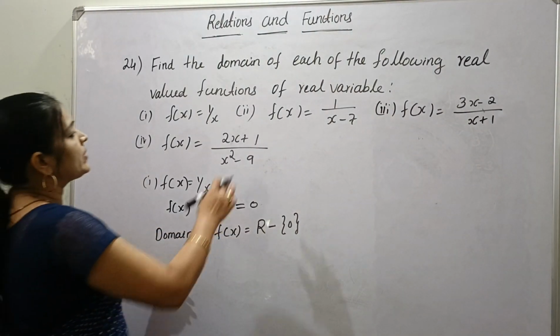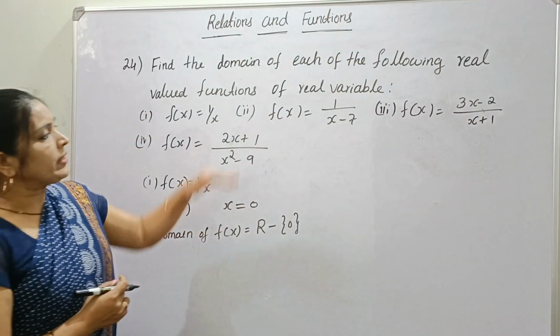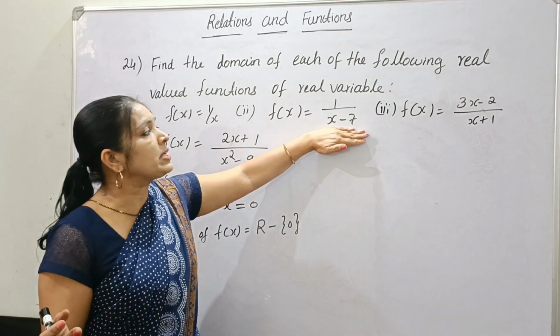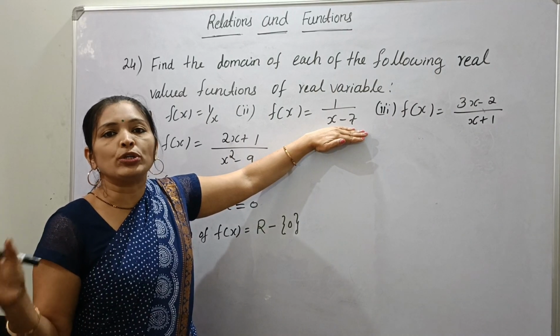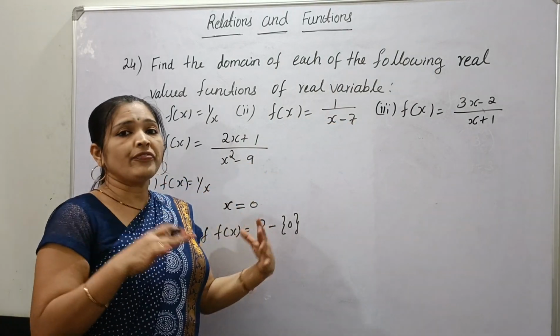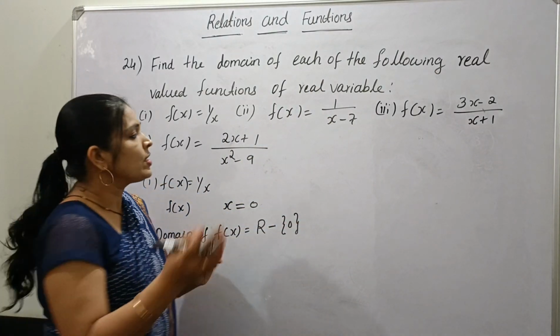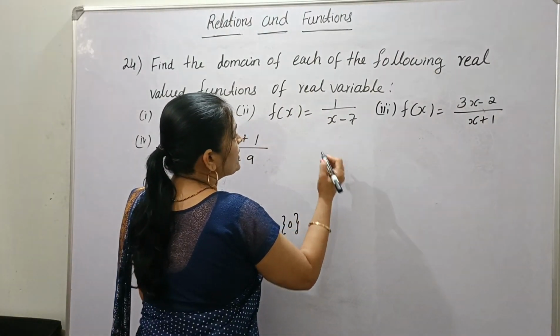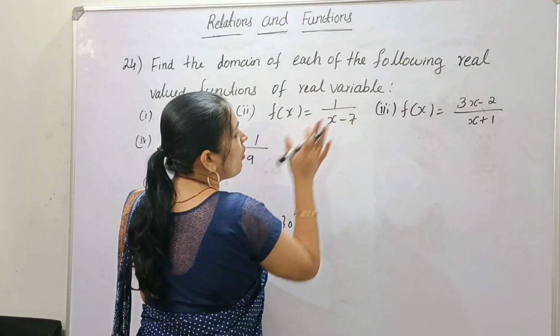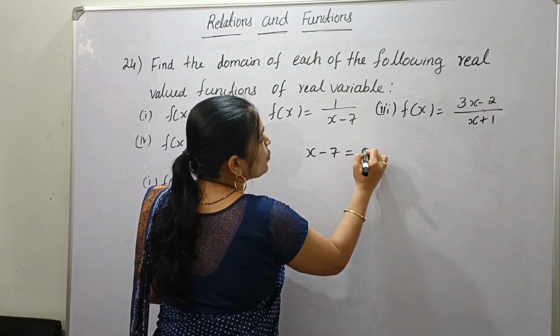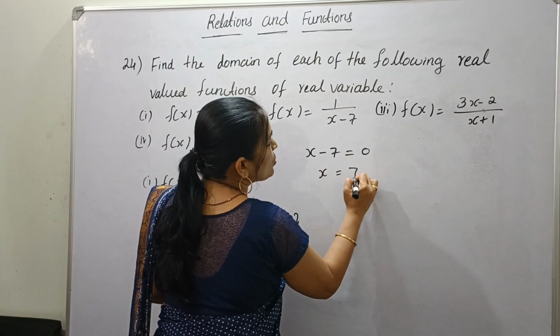And the second one, see here also, the function f of x is defined for all real values except x minus 7 is equal to 0. Because if x minus 7 is equal to 0, 1 by 0 will not be defined, right? So f of x is defined for all real values except x minus 7 is equal to 0, that is, x is equal to 7.